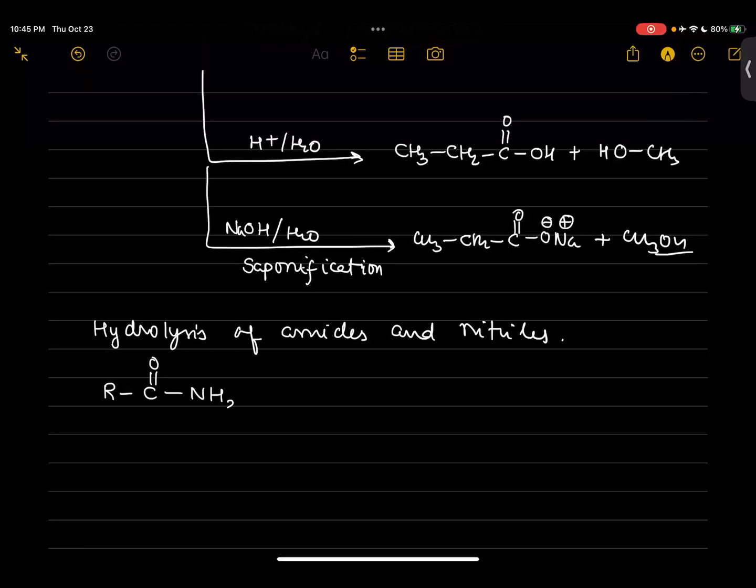These are amides: alkanamide, butanamide, propanamide. Got it? Depending upon the number of carbon atoms in this parent chain, you can name the amides. These amides can be hydrolyzed in the presence of water with acid or base.